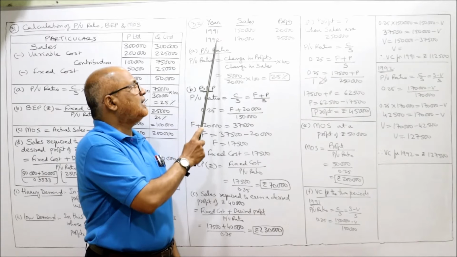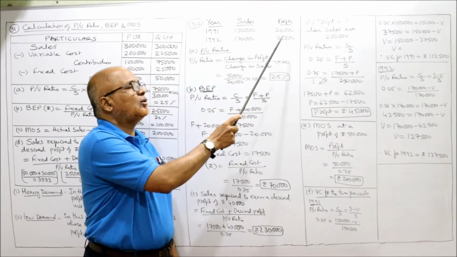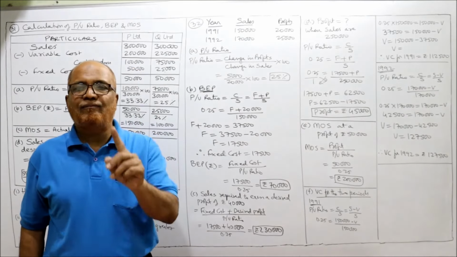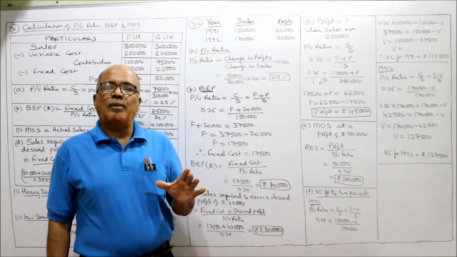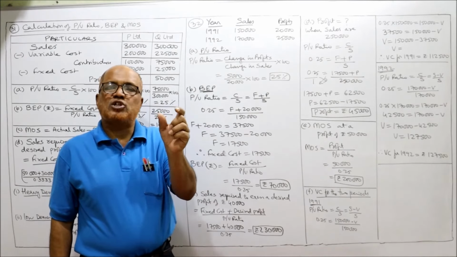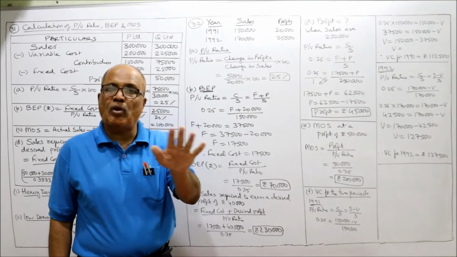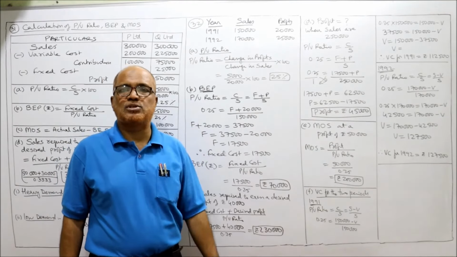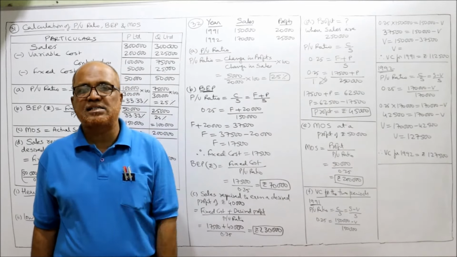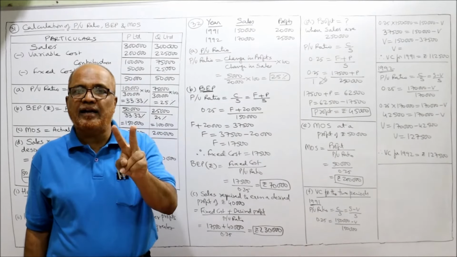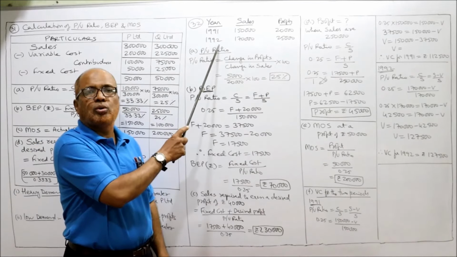Year 1991, 1992, sales are given 1,50,000, 1,70,000, profits 20,000, 25,000. This is what is given in the problem. First question, PV ratio. The formula for PV ratio is change in profit by change in sales into 100. This formula we have not applied in the earlier problems because it will be applied whenever 2 period data is given. We are given the data for 1991 and 1992.